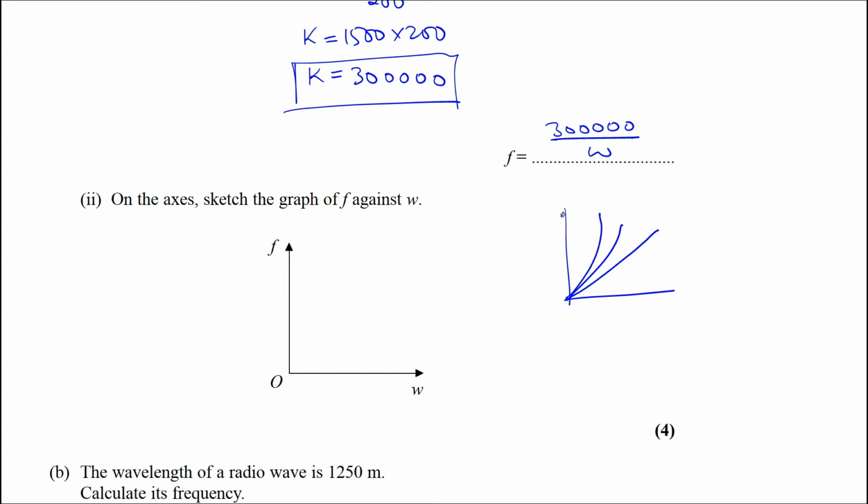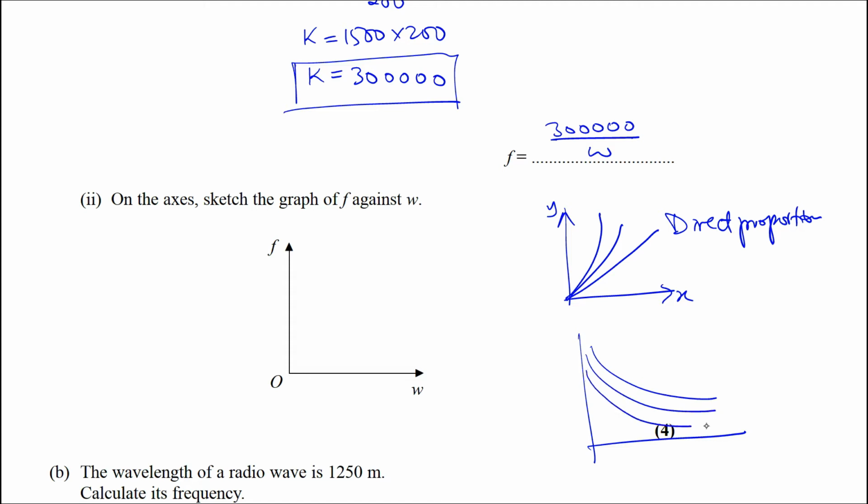Any graph that looks like that, either like this or like that, these are direct proportion. And for inverse proportion, they look like this. Okay, so this is inverse proportion.